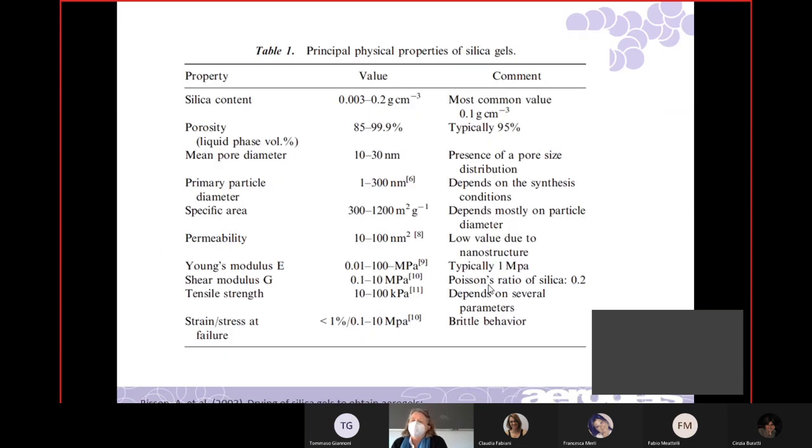Again, to remind you of some of the properties of silica aerogels, the density, I guess, is what they're talking about here. In terms of grams per centimeter cubed, it can be as low as 0.003 to 0.2. Mary talked about xerogels.